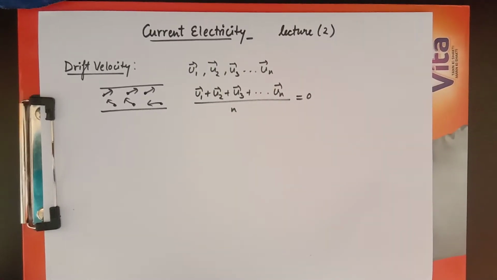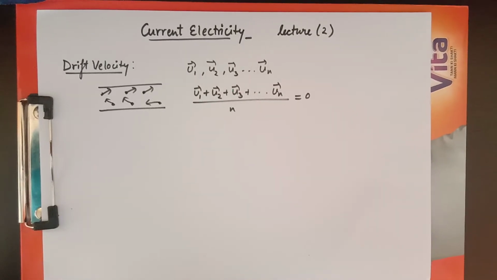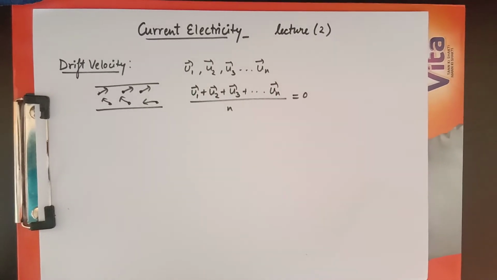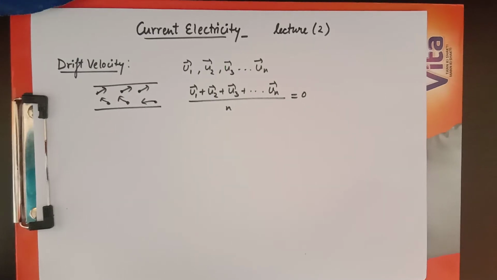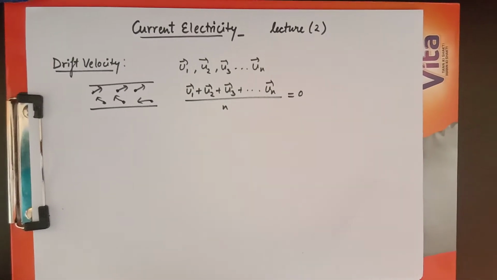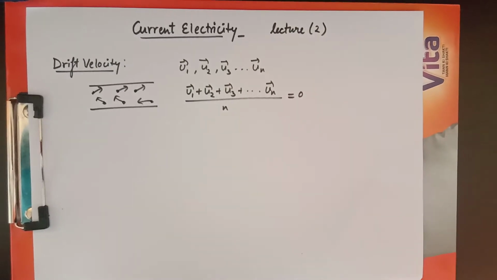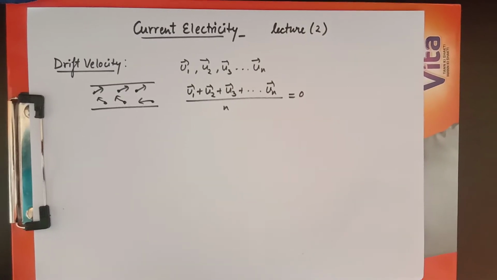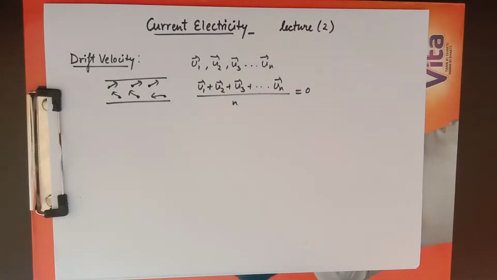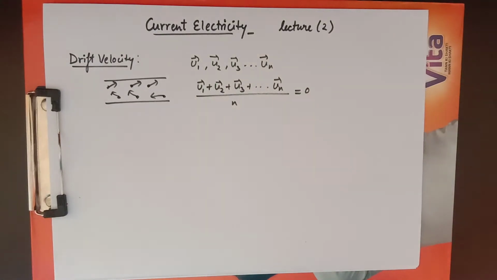So if we see the result of thermal velocity only, there will be no net flow of electrons or charges inside the conductor. As you can see, the total average of the velocities comes out to be 0. But if I apply a potential difference across the ends of this conductor, then electrons will move towards higher potential.